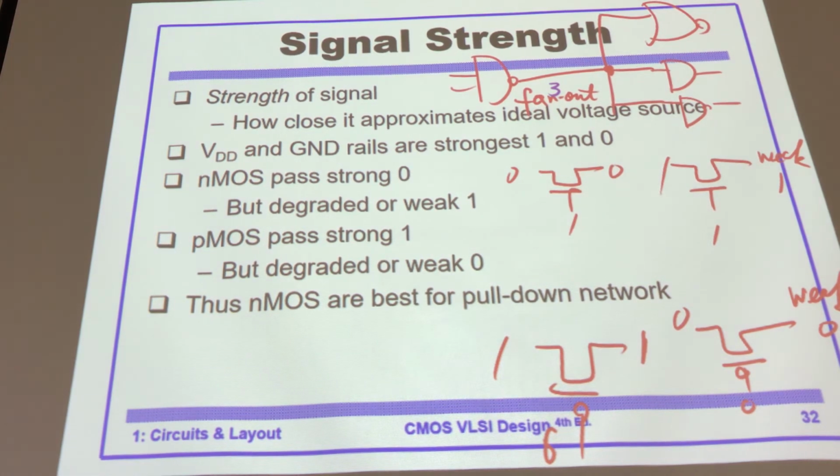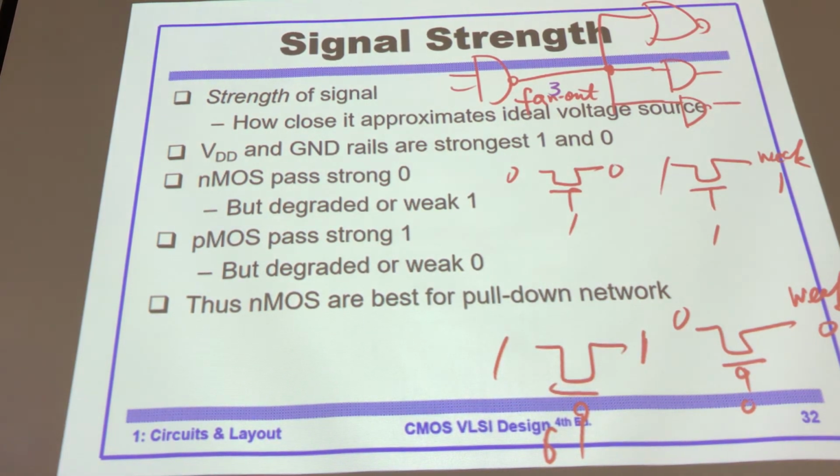And as I said before, there is always resistance and capacitance in the transistor. You always have resistance and capacitance at the output, and this output connects to three different inputs. The more inputs, the higher capacitance and higher resistance you have.